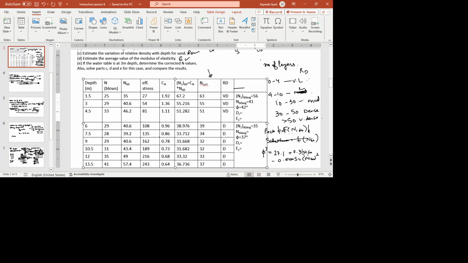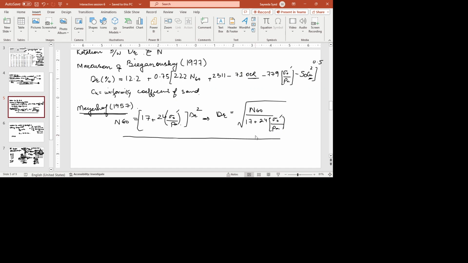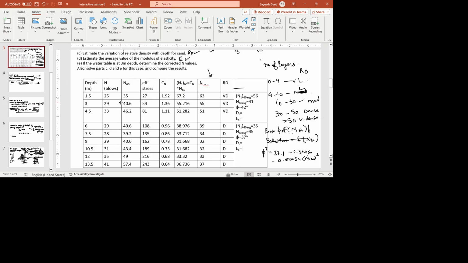Here it will be about 45. So the Dr for 42 will be 42 over 17 plus 24 into, let's calculate the sigma naught at the center of the layer, which will be 18 into, so what will be the center of this layer?